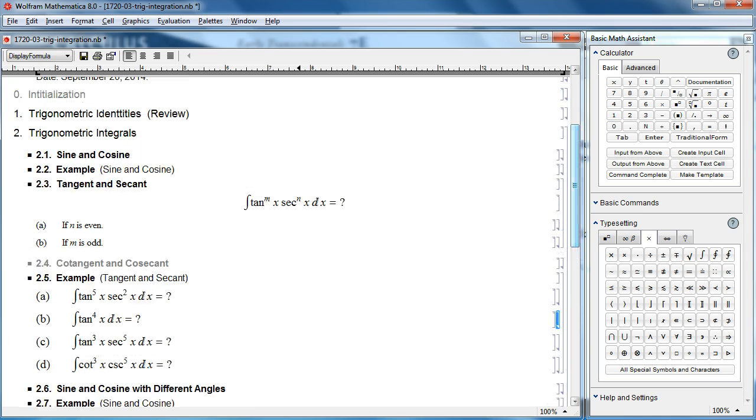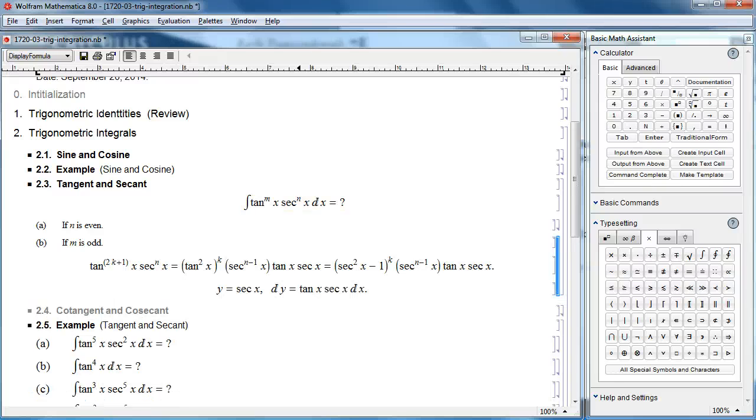Let's move on to the other type, a little bit different one. This time let's look at what if tangent has an odd power. In this case, we are going to take y as secant. This is how we work it out.